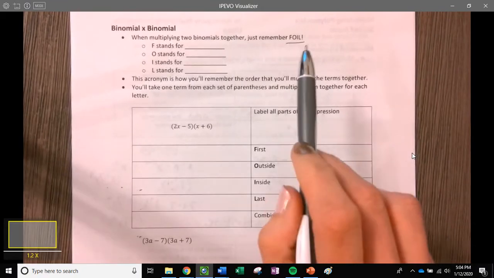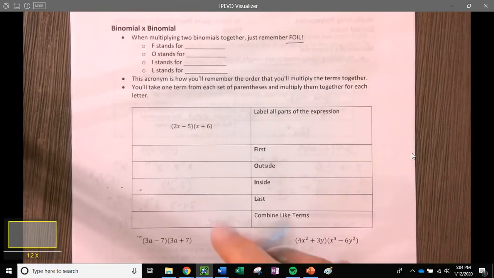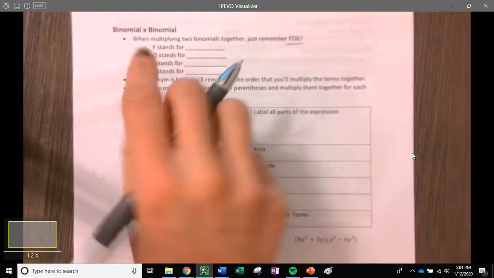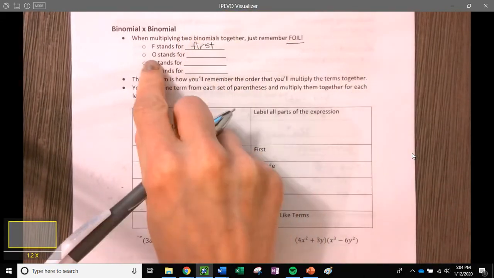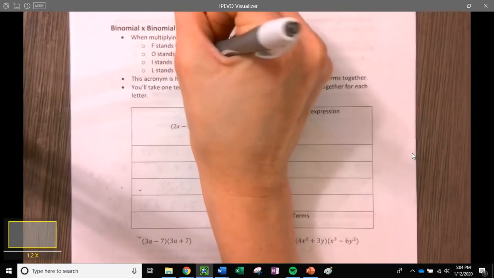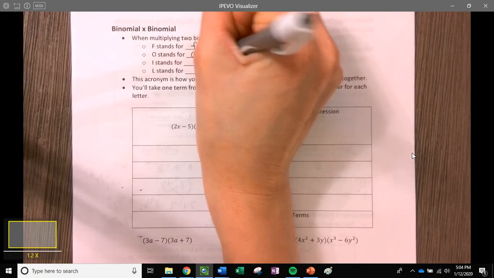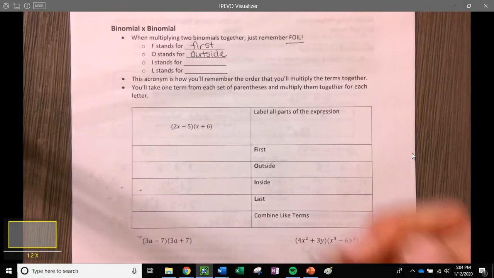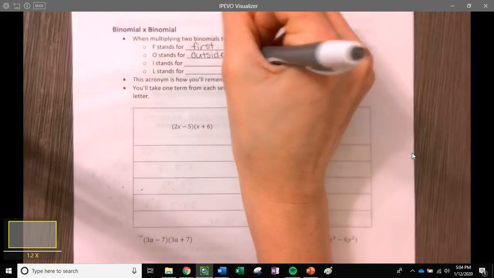I'm giving you a word and each letter stands for something. So the F in FOIL stands for first. The O stands for outside or outer. Either way works. Outside or outer.